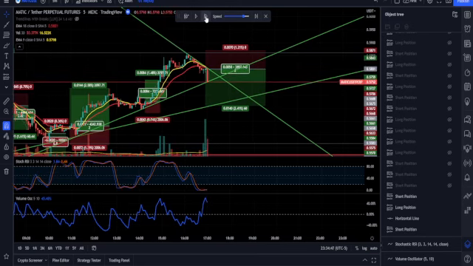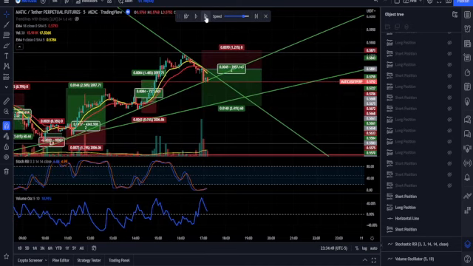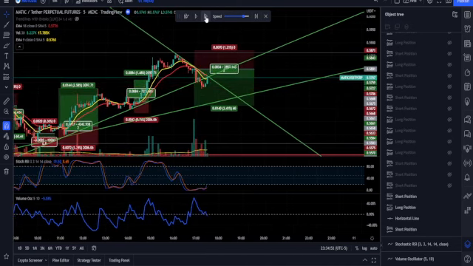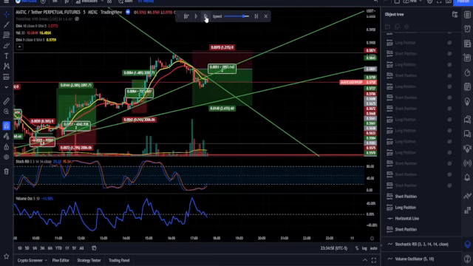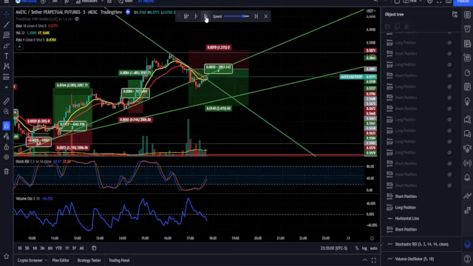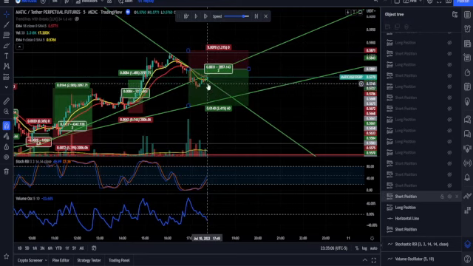We popped straight down, and here we respect the trend. Still respected. At this point, the trend should be rejected.